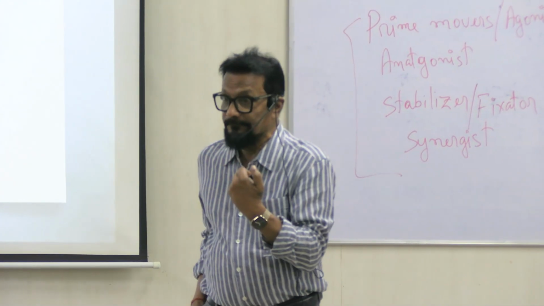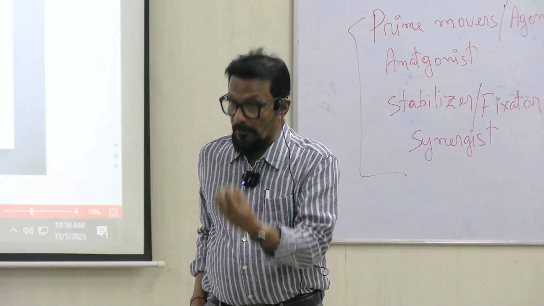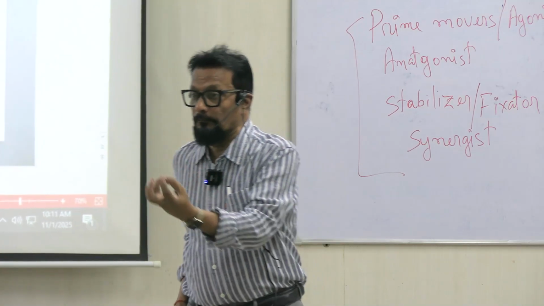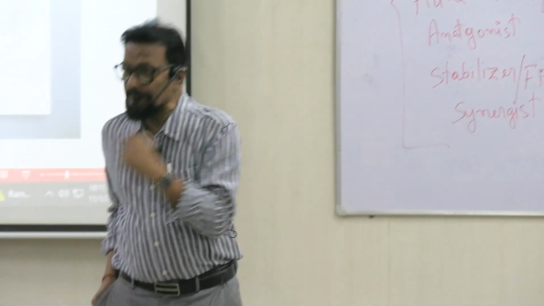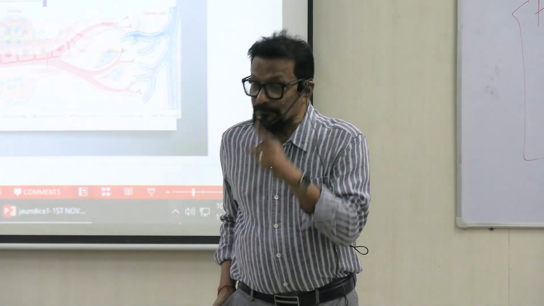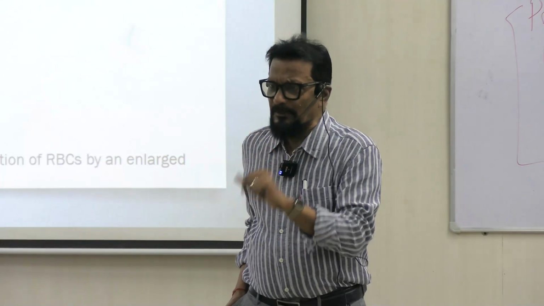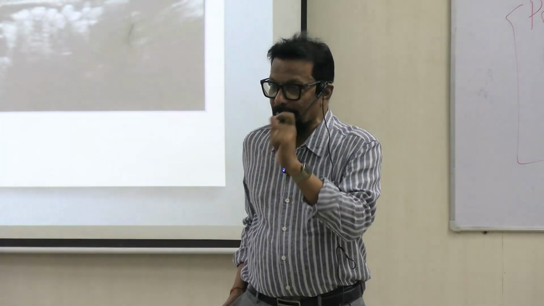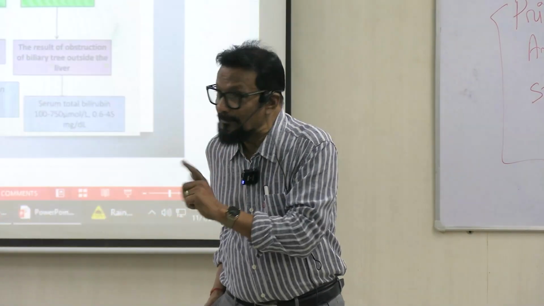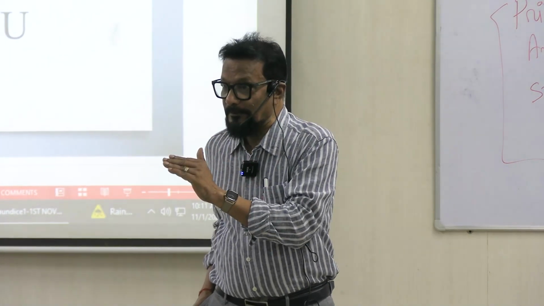From the breakdown of RBC, what comes out from within the cell? Hemoglobin. So hemoglobin is the source of bilirubin. There must be a path by which hemoglobin is converted into bilirubin. Now we'll see what happens to this bilirubin.